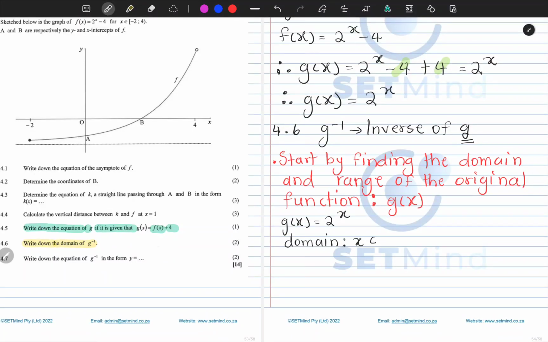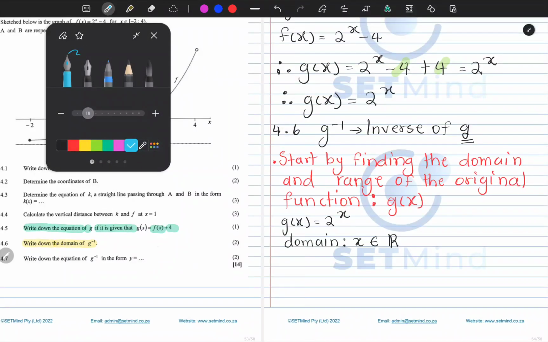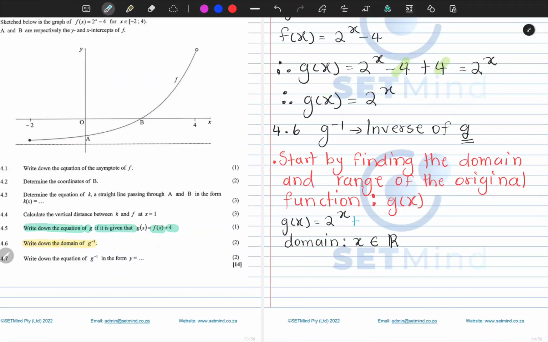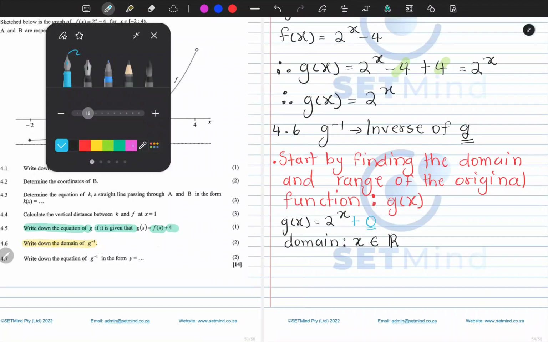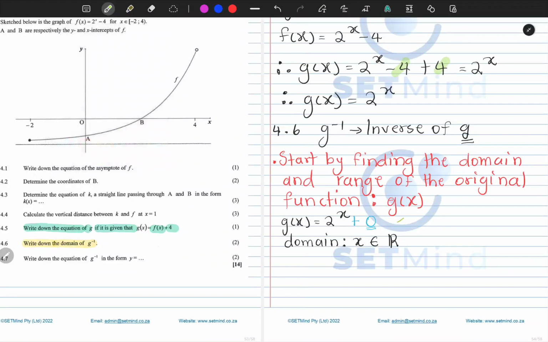So you'll just say our x is an element of real numbers, because our x can be negative numbers and positive numbers. But remember, our y will be restricted by our asymptote. So since we do not see anything, we put in plus 0 there. And that 0 becomes our asymptote.